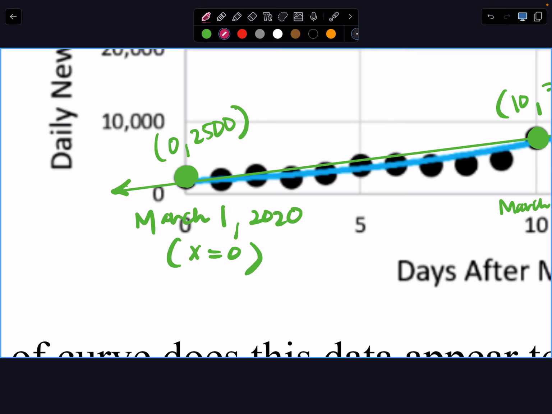What would x be equal to for March 5th, 2020, if March 1st is x equals 0? Are we awake? Are you going to make it? Are you really tired? Did you get enough sleep last night? No. Okay. What value of x corresponds to March 5th, 2020? 4. 4. Shoot. Don't just throw out numbers.